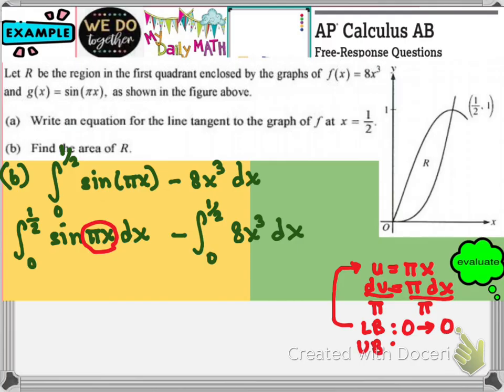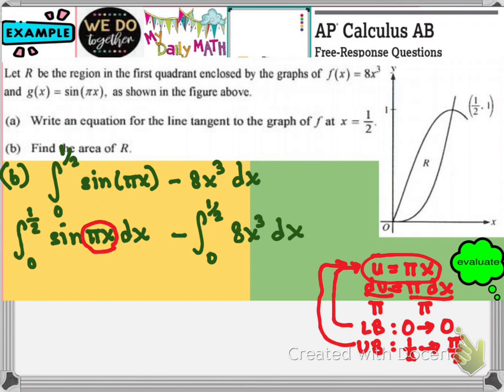For my upper boundary, I have originally 1/2. I'm going to plug that into the u because everything is based on the u. Your du is based on the u. Your lower and upper boundaries are based on the u. So if I plug in 1/2 into the x of my u, I will get pi times 1/2 or pi over 2.